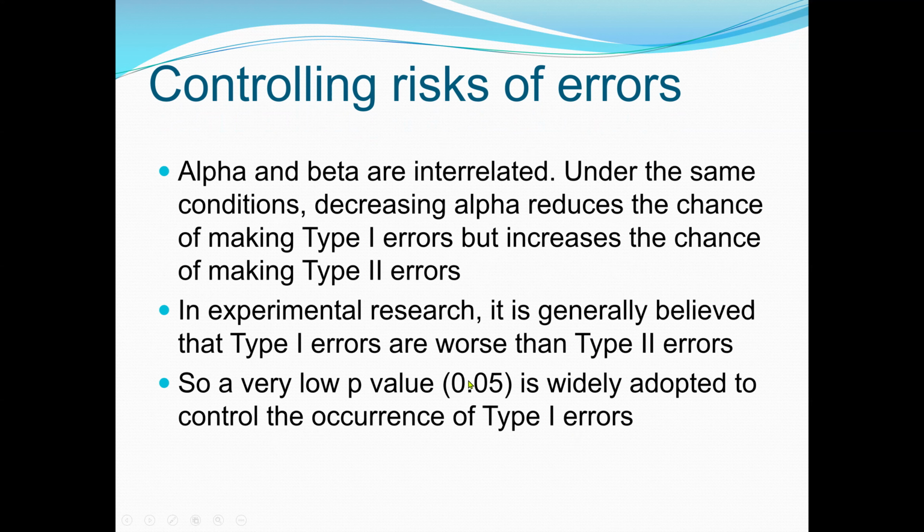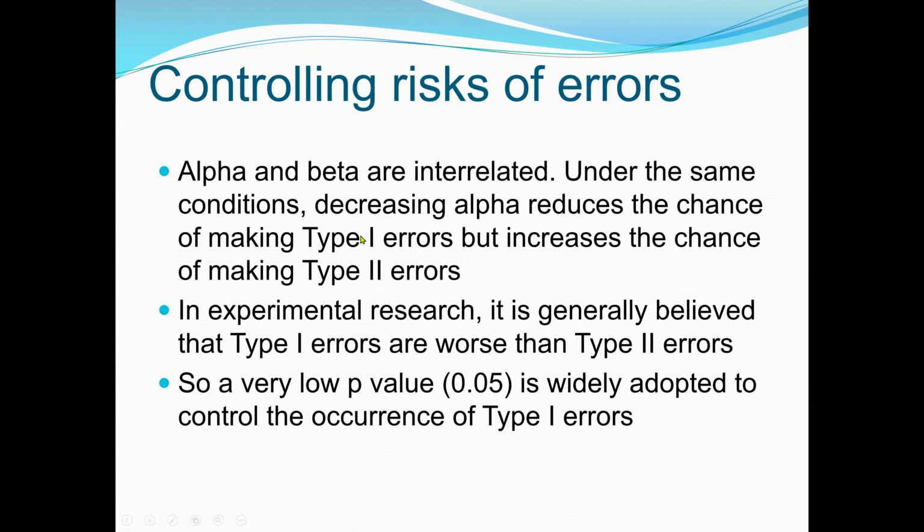As we said earlier, the p-value most of the time is 0.05, which is 5%. In statistics textbooks we always see a confidence level of 95%. If it's 95%, it means the error, the p, will be 5%. So alpha and beta are interrelated. Under the same conditions, if I decrease alpha, it will reduce the chance of making type 1 error, and that's our goal.